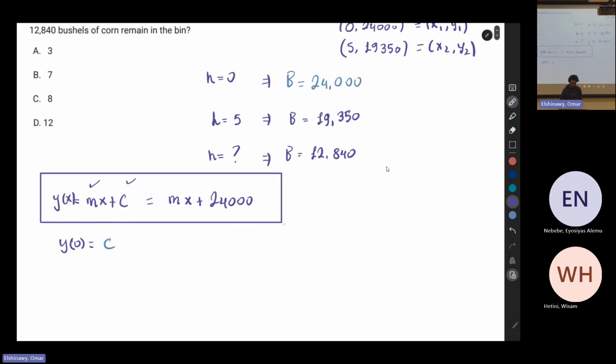And you have a y coordinate, and you want to find the x coordinate. Then it is not too difficult. You just write here 12,840 as your output instead of y of x, and you just find x.